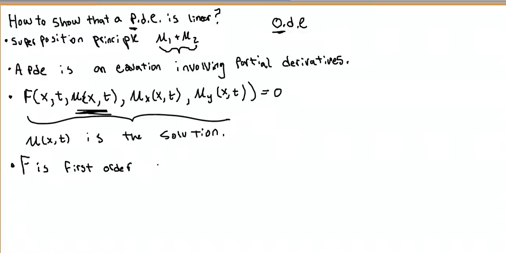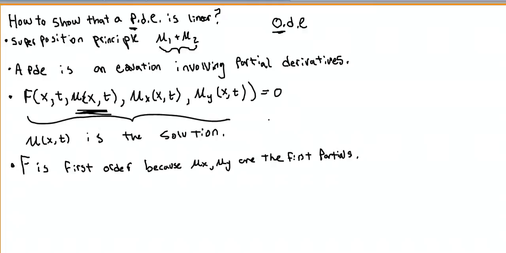It's a first order PDE because u of x and u of y are the first partial derivatives. If it would have been like u double x, then that would have been a second order PDE.